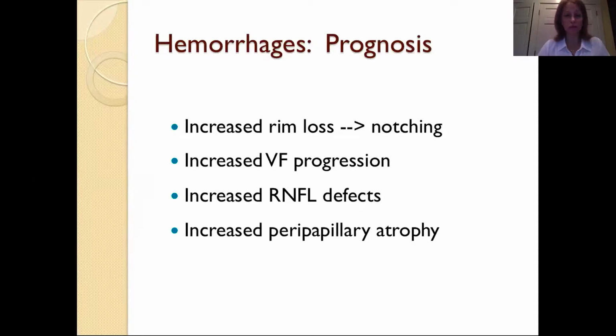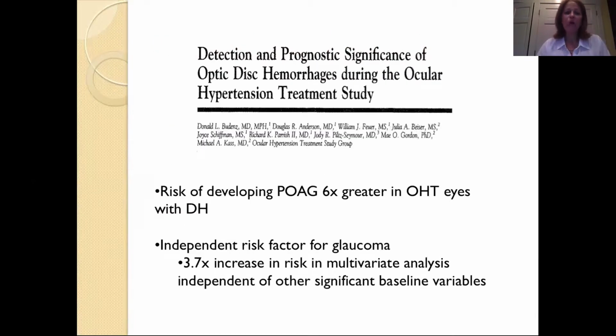Increased risk of rim loss and notching, increased risk of visual field progression, increased risk of retinal nerve fiber layer defects, and increased risk of peripapillary atrophy. In the Ocular Hypertension Treatment Study, where we followed 2,000 patients over the course now of 20 years, seeing who goes on to develop glaucoma, what are their risk factors, and does treatment prevent or delay glaucoma, we also looked at the role of disc hemorrhages.